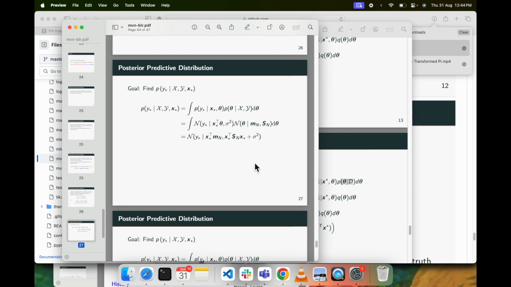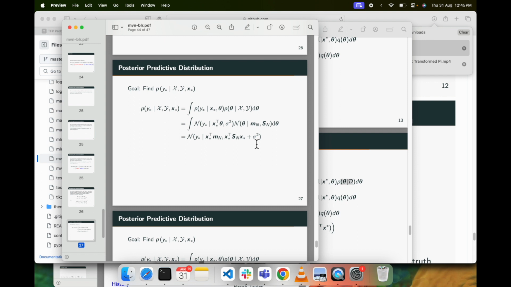In posterior predictive, we have P of y star given data comma x star, which is the same integral we've been seeing, the integral of P of y given x and theta, times P of theta given data, d theta. And this we said comes out to be a normal with x transpose mn and x transpose covariance x star plus sigma square. We're now looking at the same expression, but instead of the posterior predictive, we're looking at the prior predictive. So all the mn and sn you can replace with m0 and s0. Everything else remains the same.